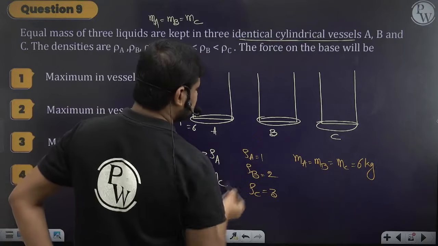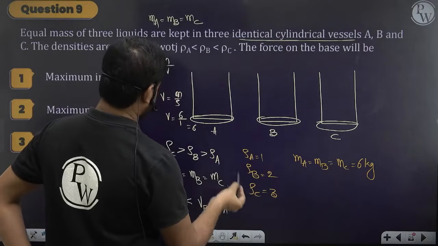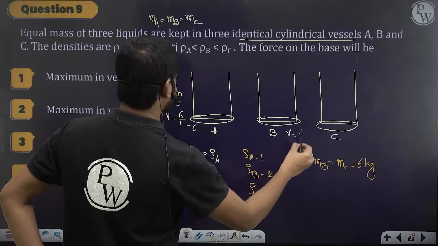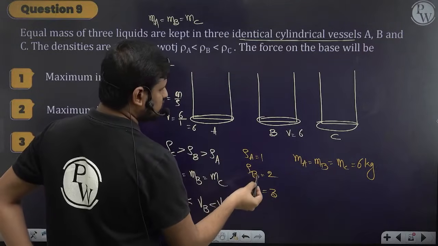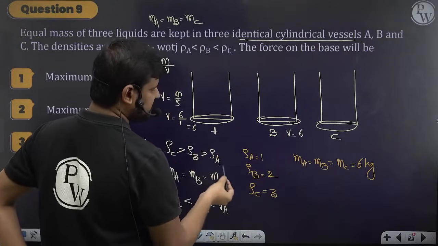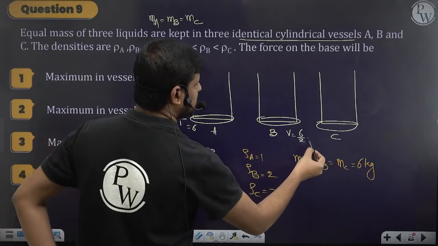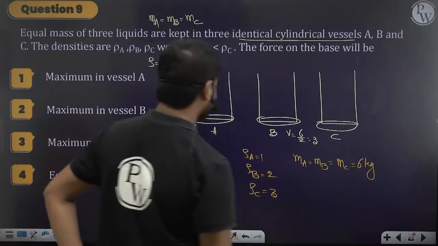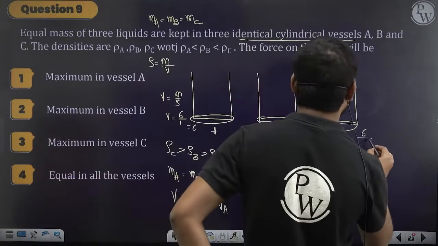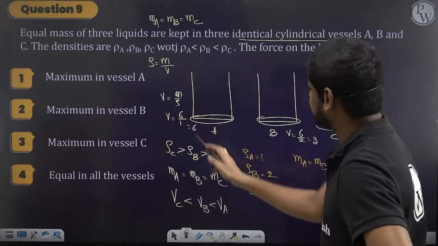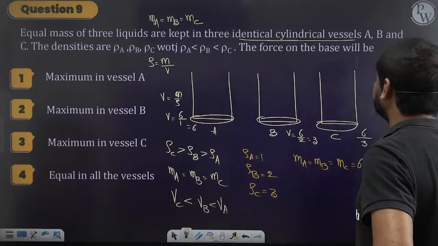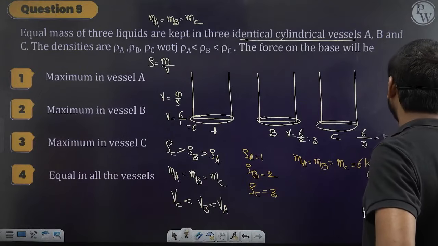For the second one, the volume will be 6 divided by its density, which is 2 we considered, so it's going to be 3. For the next one, we have 6 divided by its density, which is 3, so this is going to be 2.